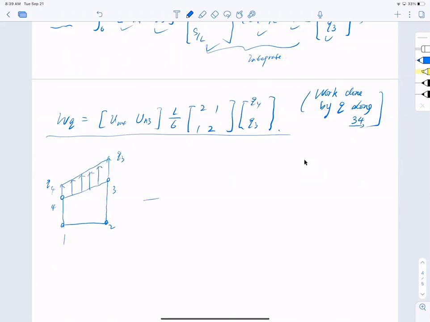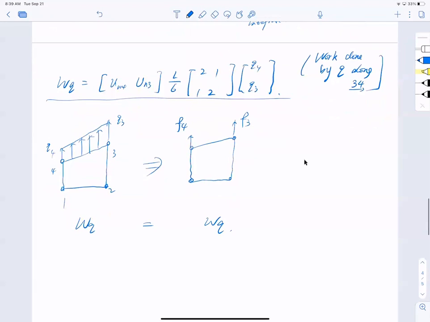I want to convert the left element to an element that does not have distributed traction, but only has nodal traction, nodal forces. Okay, so I need to make sure that this work done is the same as this work done. Is that right? All right.